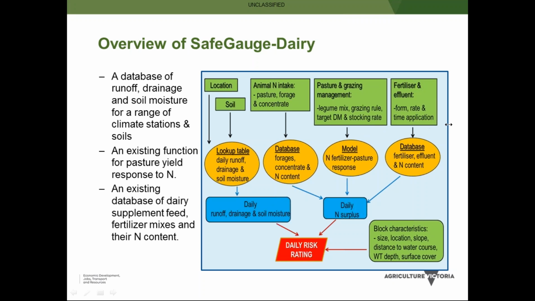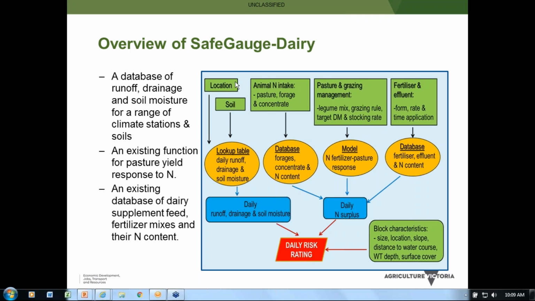And then once the green boxes are filled, these details will be fed through the lookup table, the database, the model, and also the fertilizer and effluent nitrogen content details.